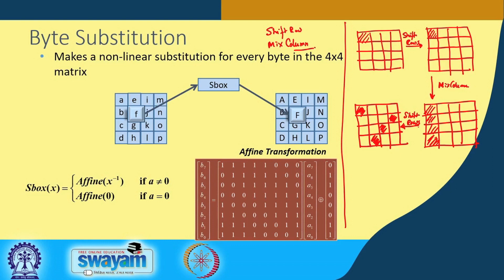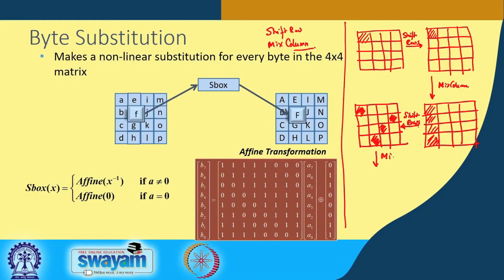Because remember, in the shift rows, the first row does not shift. The second row has a cyclic shift by 1, and the third by 2.